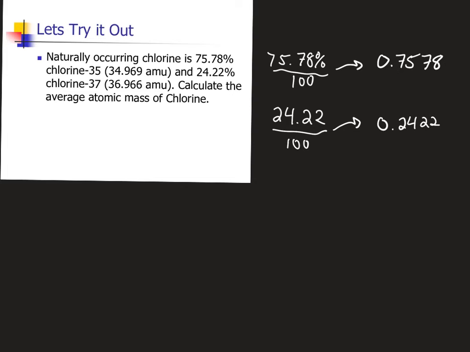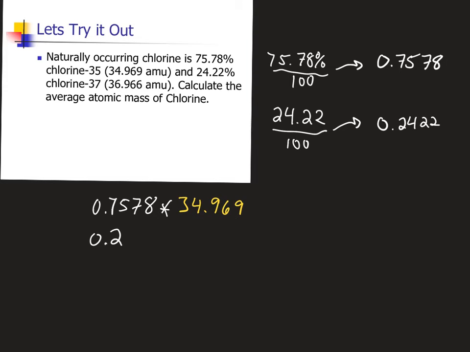So when I set these up, that's where I'm going to take those numbers from. And so I'm going to take my 0.7578 and multiply it by the mass of chlorine-35. Okay, so I'm going to take that and multiply. And then I'm going to do the same thing for the other one.